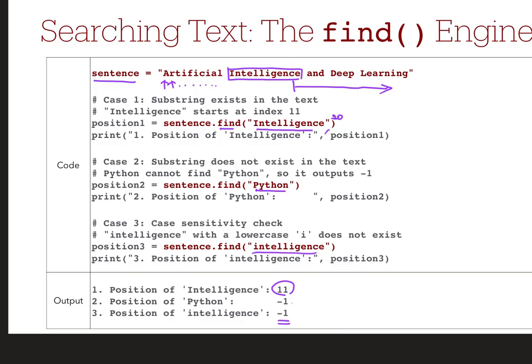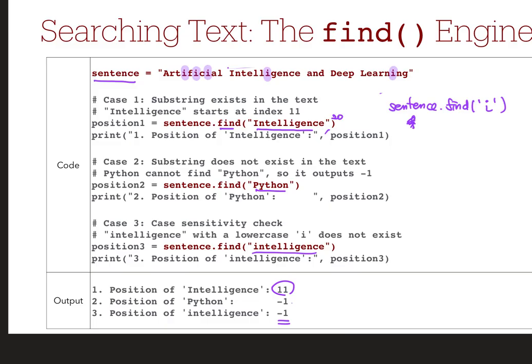Now, if I call this sentence and find of, say, just the letter i, then as you can see, there are many i's in this sentence. There are five lowercase i's in this sentence.